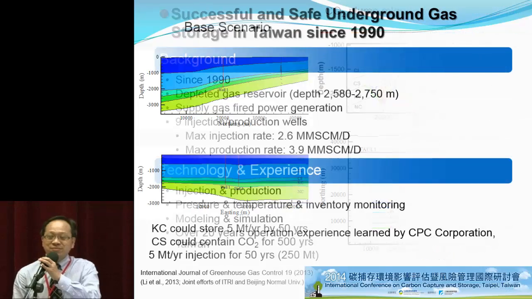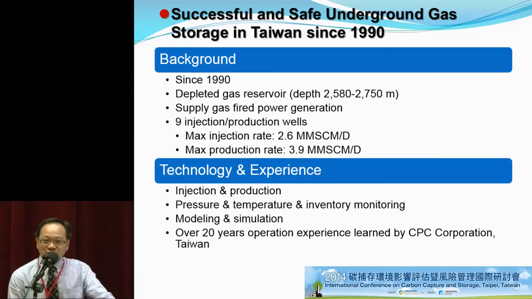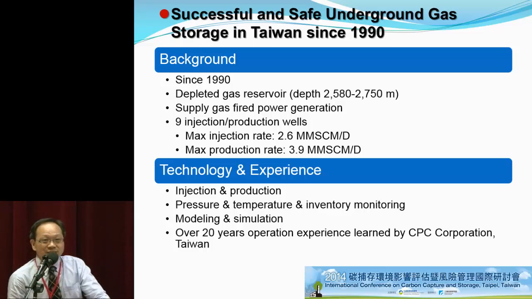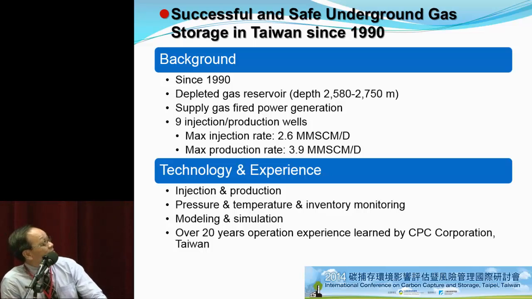Somebody may think about whether CO2 sequestration is safe or not, but actually my CPC colleagues pointed out that since the 1990s, CPC has already injected natural gas into the underground. It is injected in depleted gas reservoirs at a depth of around 2.6 kilometers.